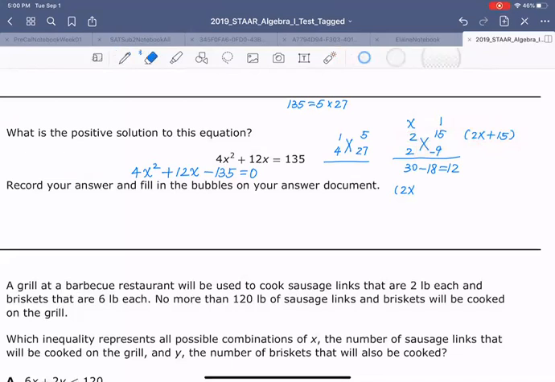This stands for 2x plus 15. This stands for 2x minus 9. 2x plus 15 times 2x minus 9 equals 0. So x is negative 15 over 2 or 9 over 2. Does that make sense?